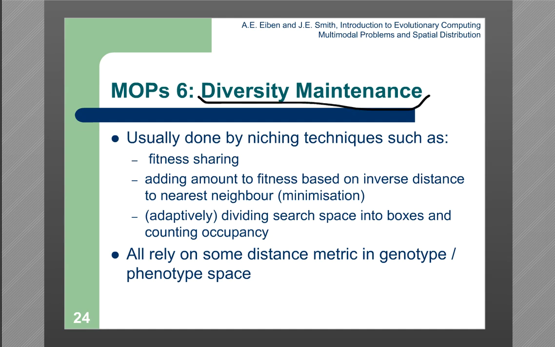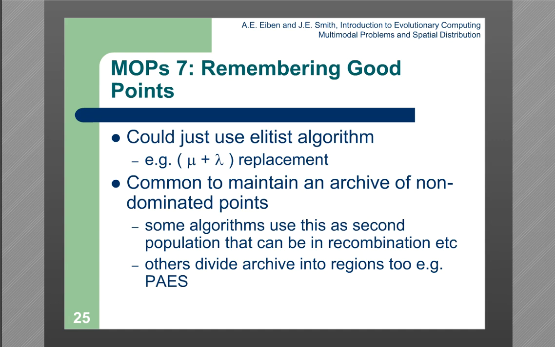And there are 3 implicit and 2 explicit methods to keep diversity high, such as fitness sharing, such as nudging or dividing, and another explanation that we referred to in the previous page.